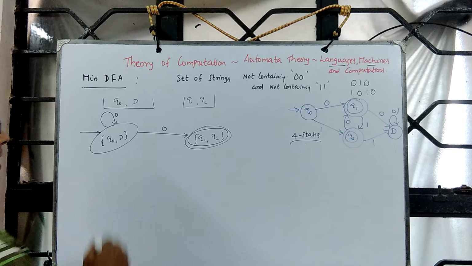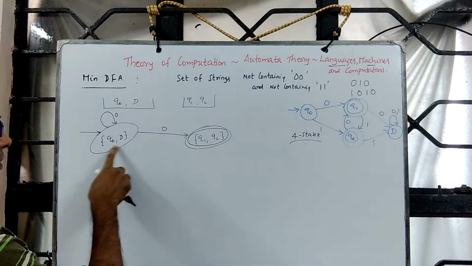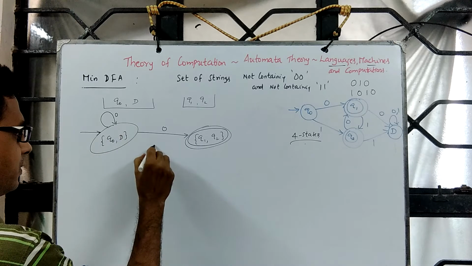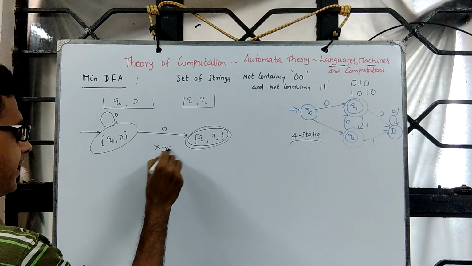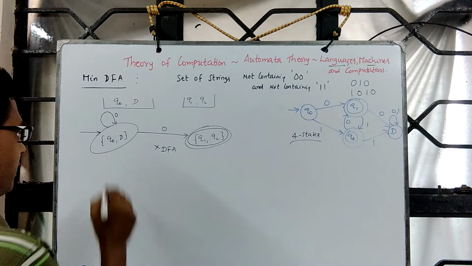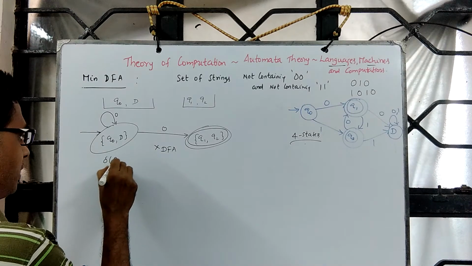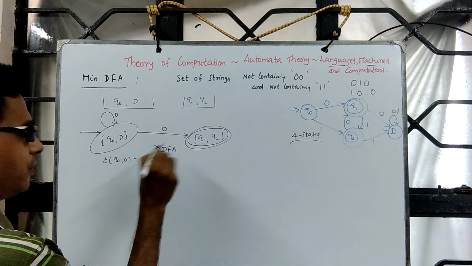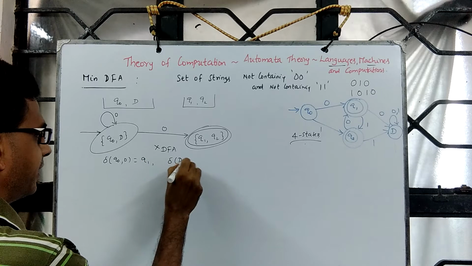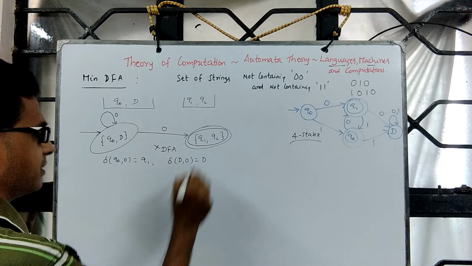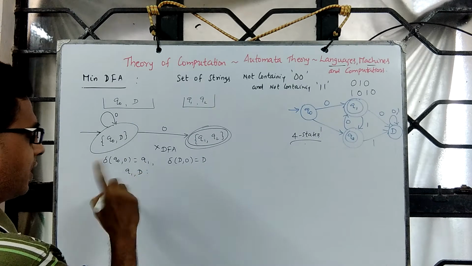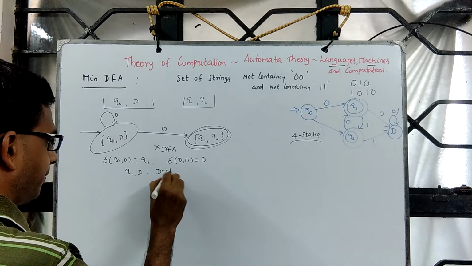So now you see that on reading a 0, we go to more than one state. So this is clearly not a deterministic machine. So why is this happening? You see that delta of Q0, 0 is Q1 and delta of D, 0 is D. Therefore, Q0 and D are distinguishable.